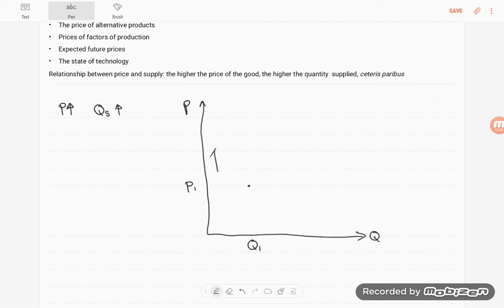However, if the price increases to P2, the quantity supplied increases to Q2. If we connect these points, we get an upward sloping or a positive slope supply curve.